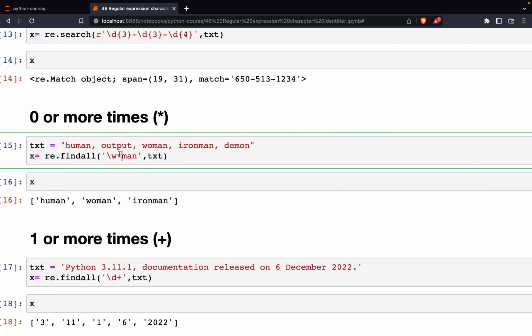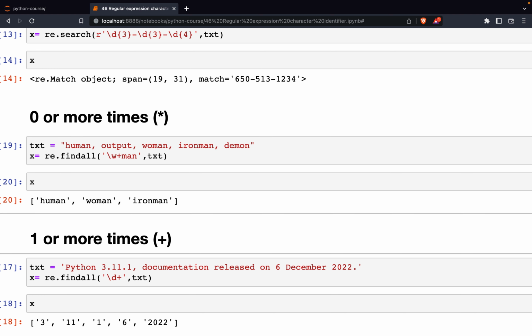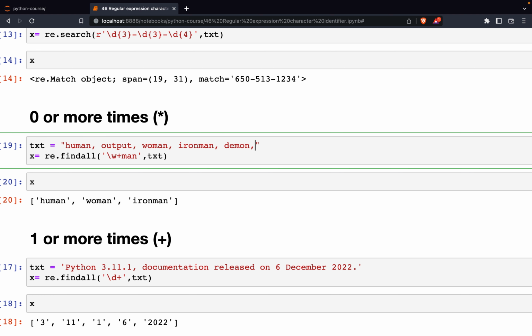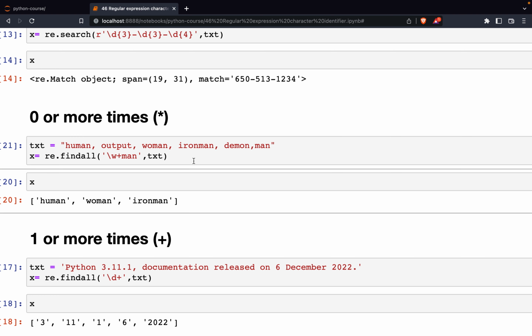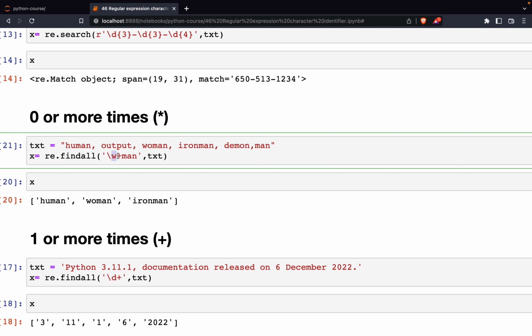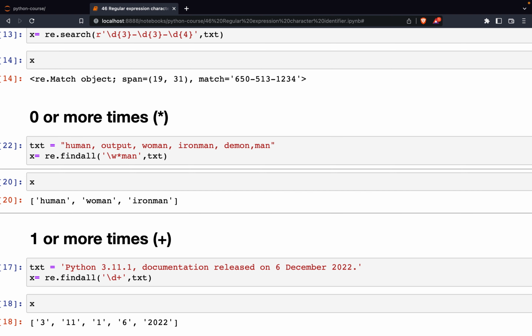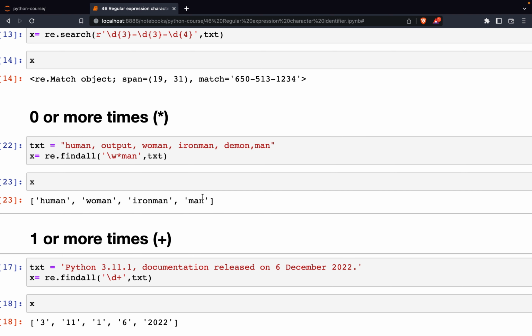And actually, I think this can also be changed to \w, because they give exactly the same result. Just if we have one more word that is man, then because the word is one or more times, this will not be included. But if this is using star, because it can happen 0 times, this will include the man.